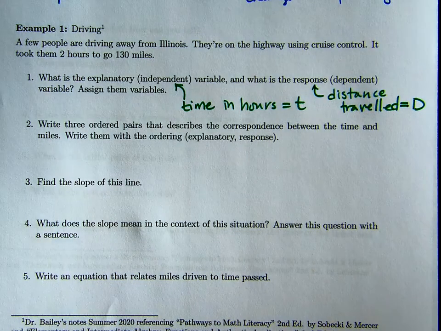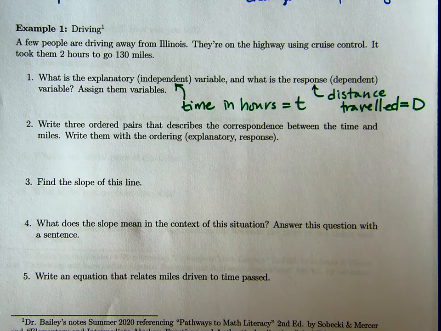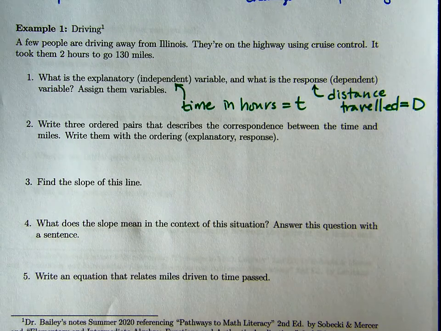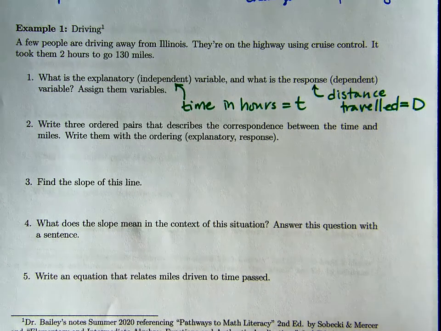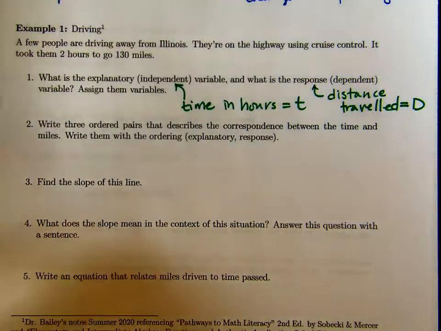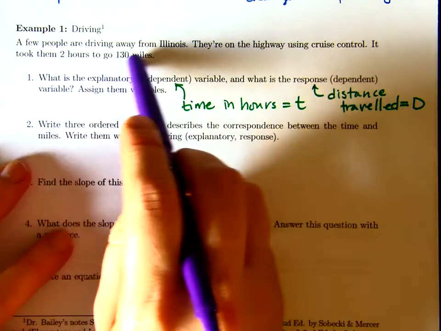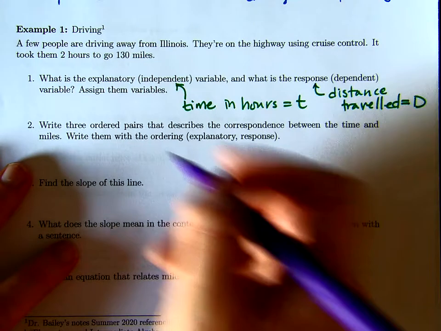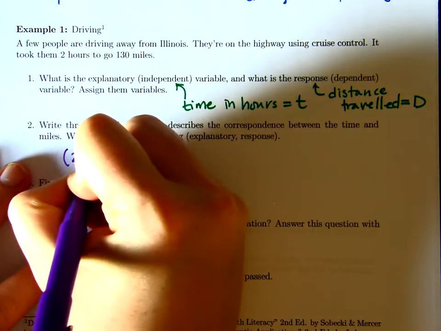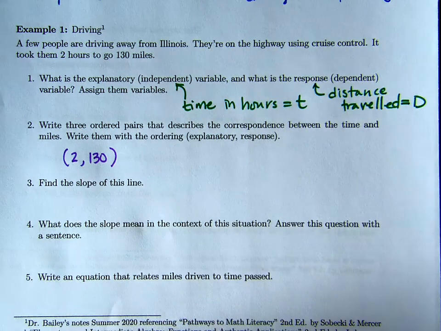Write 3 ordered pairs that describe the correspondence between the time and the miles in this situation. Write them with the ordering explanatory, response. Okay, explanatory was the time, then response. So immediately we already have one given to us: explanatory, 2 hours, response, 130 miles. So 2 and 130.